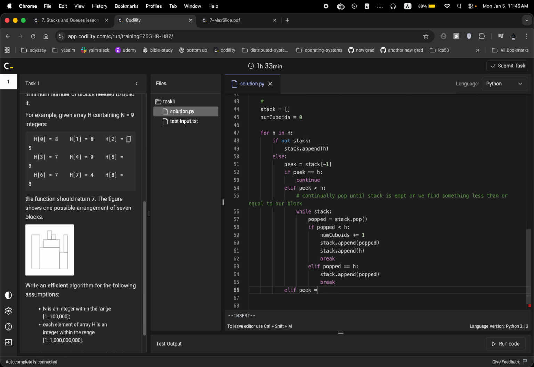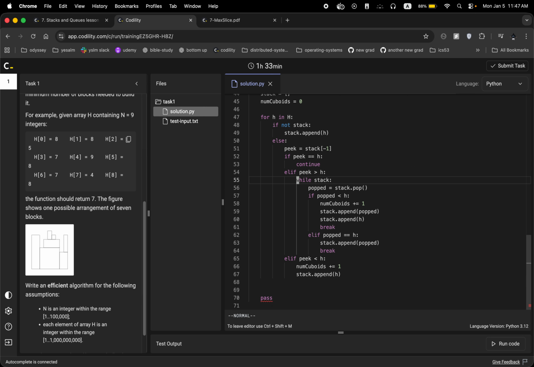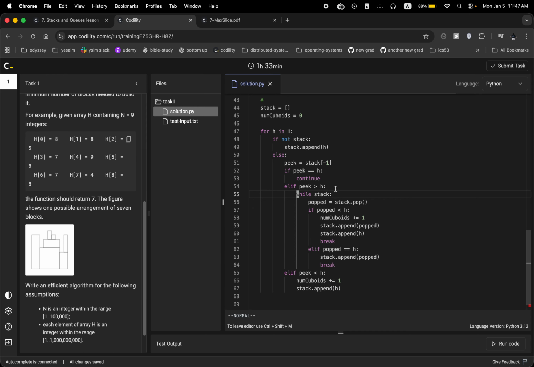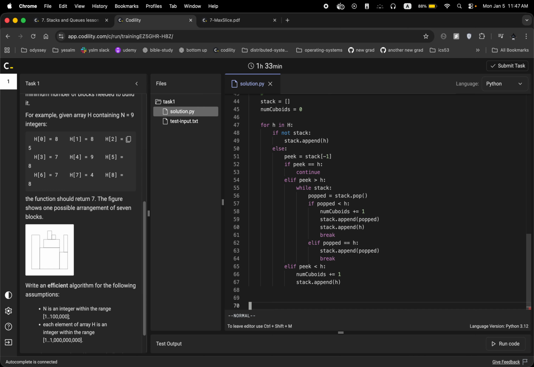Elif peak, so the current is greater than peak, we literally just do stack.append(h), and then increment the num cuboids. Alright, these are a lot of conditions, but this is not too bad. Let me return num cuboids, see what happens.